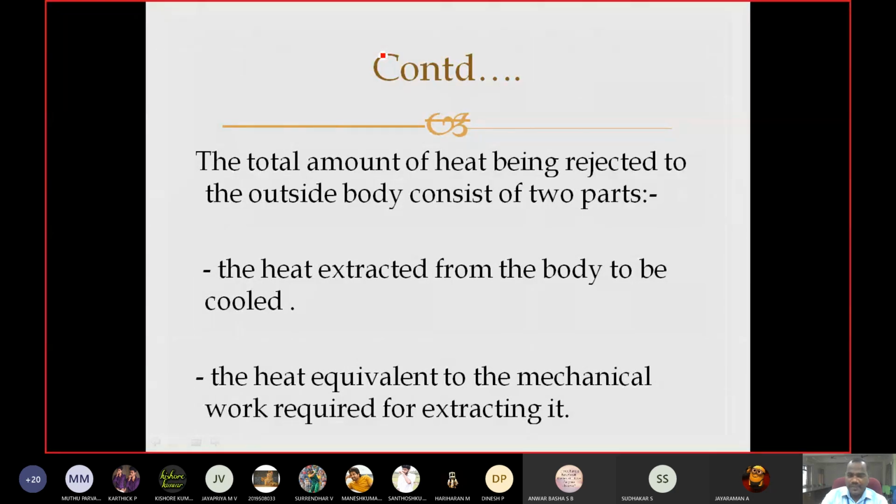So we need to know these two criteria: the heat extracted from the body to be cooled, and how much work is required to extract that heat from the body, right? So these two are the principles in the refrigeration cycle.